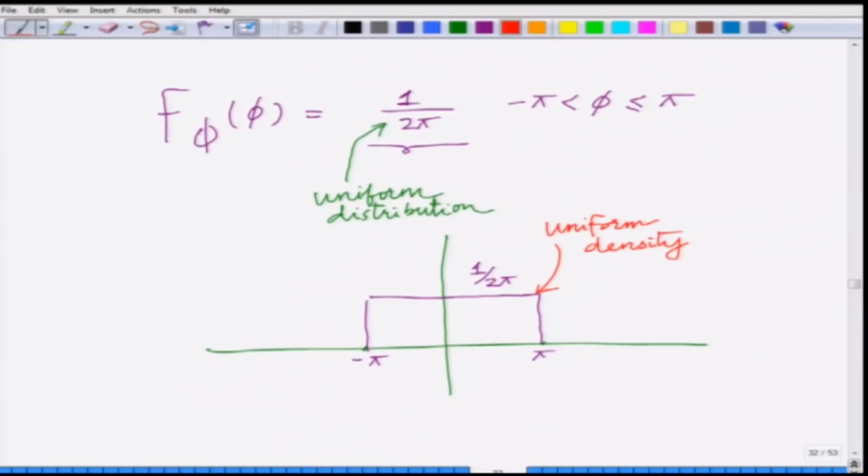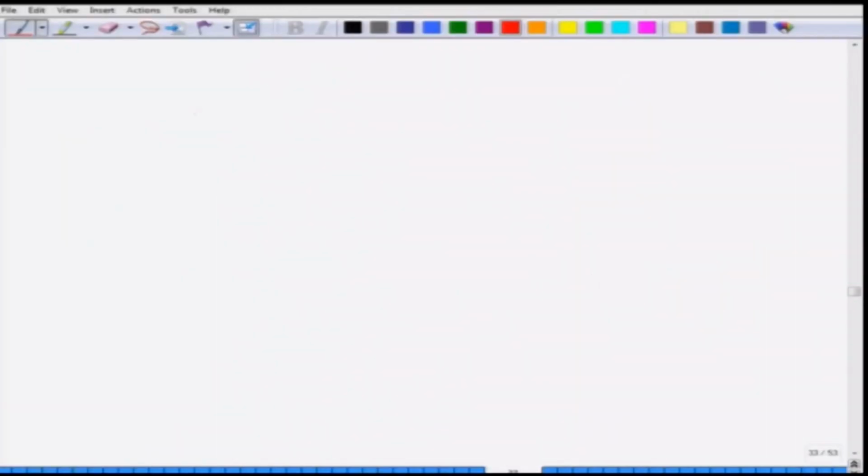So, this is a uniform distribution, and therefore we have derived both the marginal densities, that is, the distribution of both the amplitude of the Rayleigh fading channel coefficient and the phase of the Rayleigh fading channel coefficient.